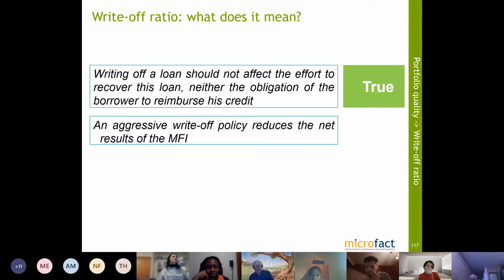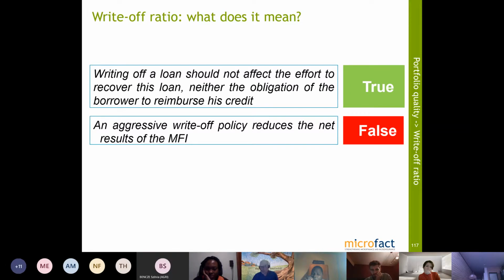Because actually, when you say it reduces the net results of the MFI, when actually you have an aggressive policy, it's a misleading question. I have to keep it out. Last year I thought about it and I forgot. Actually, when you have an aggressive policy and you are always writing off, let's say, imagine that you write off every single loan in arrear.